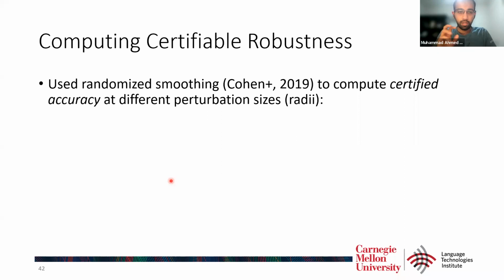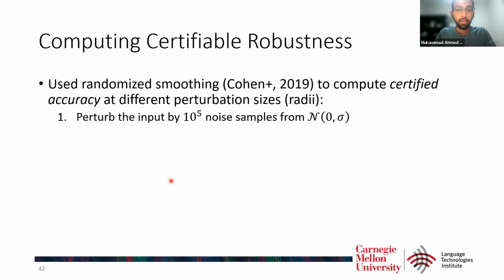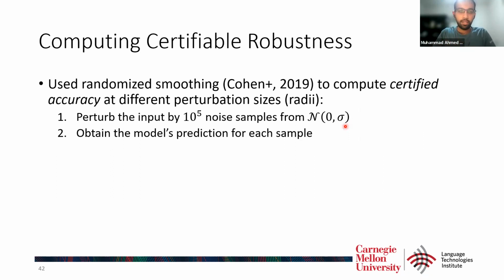So to compute these metrics, to compute the certified accuracy, we use an approach called randomized smoothing. And the idea there is we take an input, our image, and we add 100,000 different noise samples from a Gaussian distribution having a particular standard deviation. And then we classify each of these 100,000 images with these different noise samples added to them.